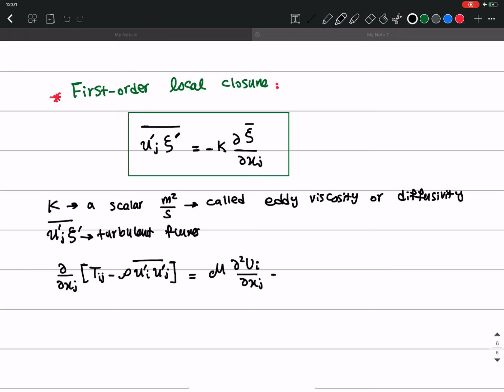So we are going to have minus, and say K is constant, you can take it out of the gradient, so we are going to have plus K partial square of ui over partial xj square. You can just substitute it here.